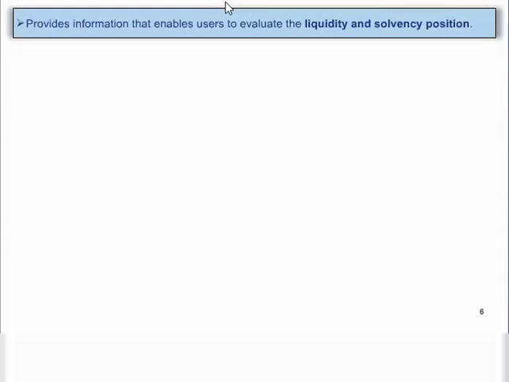So now let's understand what are the various benefits of cash flow statement. The cash flow statement provides information that enables users to evaluate the liquidity and solvency positions.